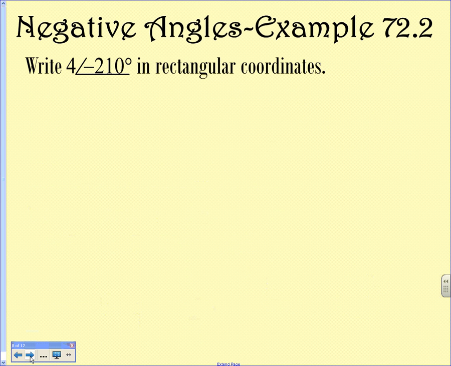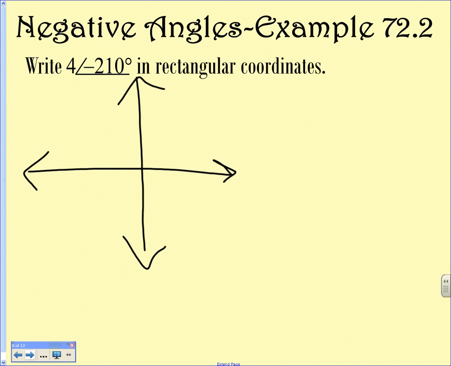So let's look at an actual example now. We want to write it in rectangular coordinates. So where is negative 210 degrees going to go?